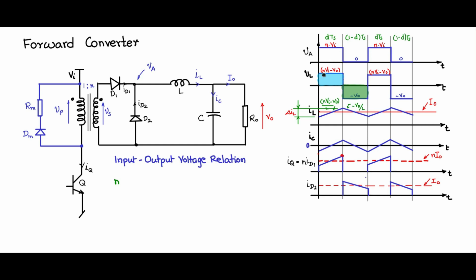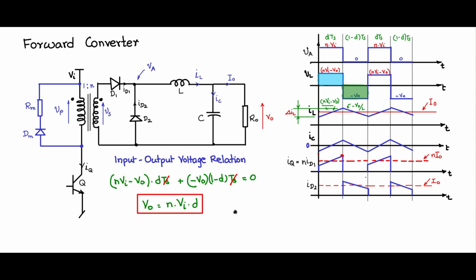So here we have (N Vi minus V0) into dTs plus (minus V0) into (1 minus d) Ts is equal to 0. Let me cancel these out, and if I rearrange the remaining variables, V0 is equal to N Vi into D. So this is the input-output relationship for the forward converter.